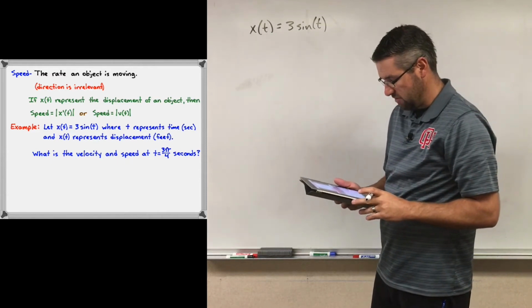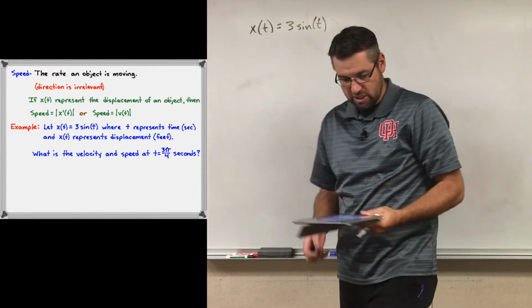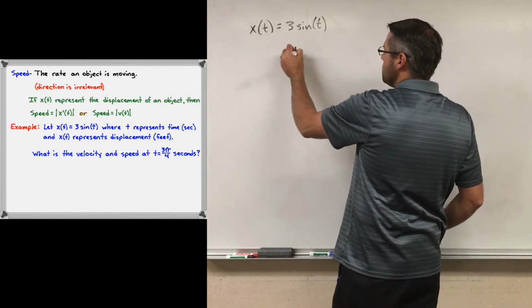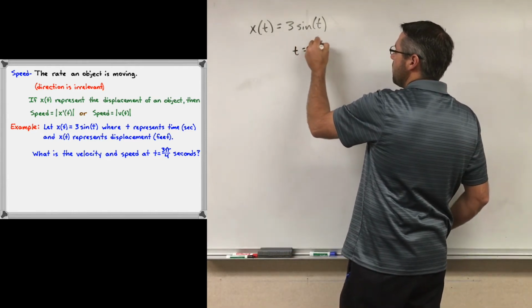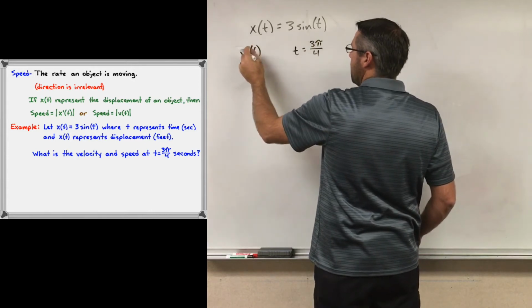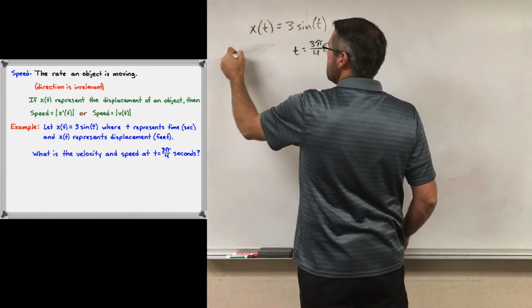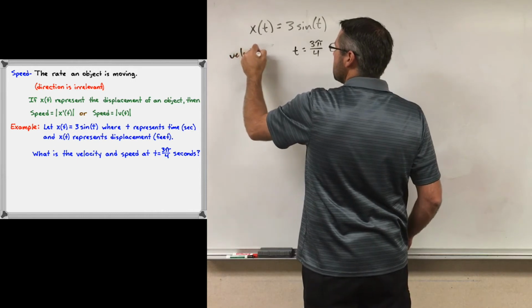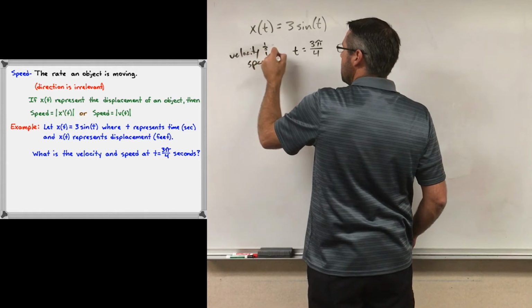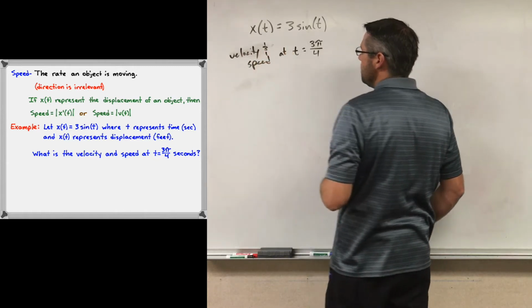Later on, we'll define those a little bit clearer. The question is, what is the velocity and speed when t equals 3 pi over 4?